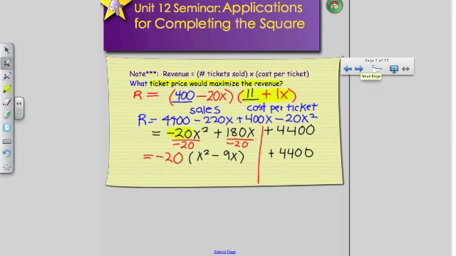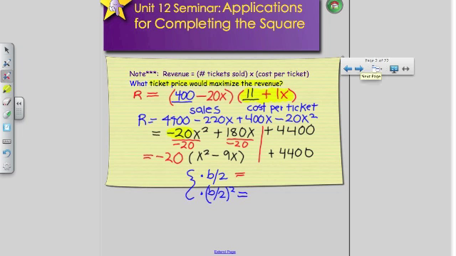Okay, now that I have my proper equation, my proper A, B, and C term, I can figure out the next step for completing the square. I have to solve for my B divided by 2 term and my B divided by 2 squared. So I now know that my B value is negative 9.